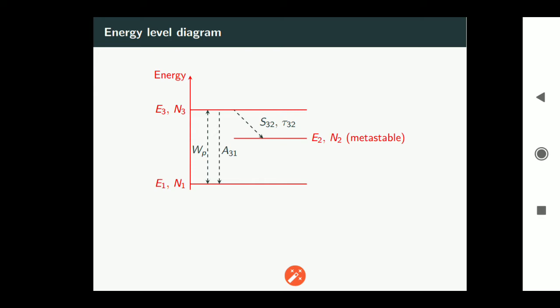So this energy level diagram we already noted down. In this diagram you are shown three transitions from the ground level to the third level and vice versa, both radiation induced as well as spontaneous, induced downward transition, and non-radiative transition from E3 to E2.